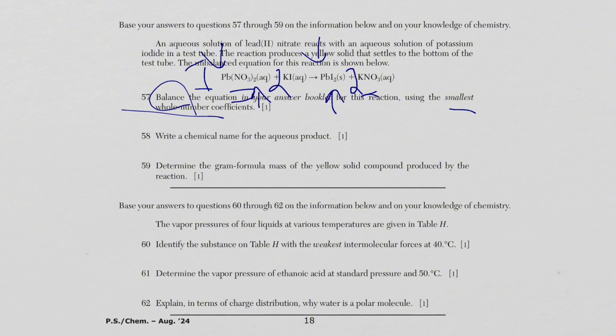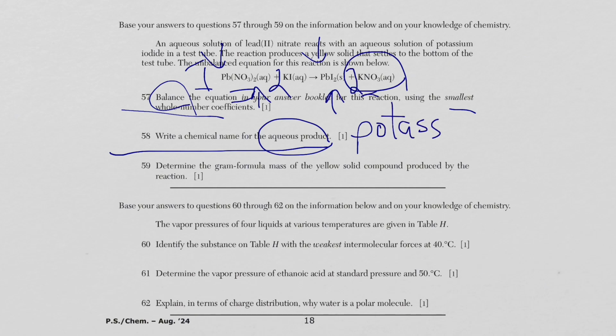What is the chemical name for the aqueous product? The first thing you have to know is the AQ in parentheses representing aqueous. And when you name a compound, it's just like the order of the formula. K, if you don't know that its name is potassium, you can look it up on reference table S. So I have potassium, and since now I have a metal and 2 nonmetals, I have a polyatomic ion.